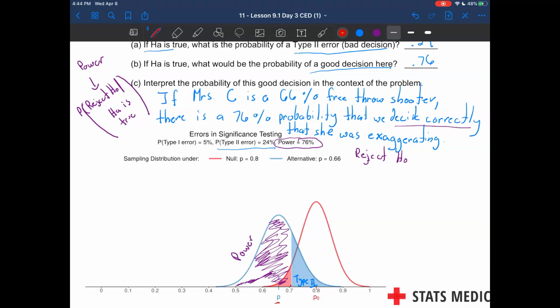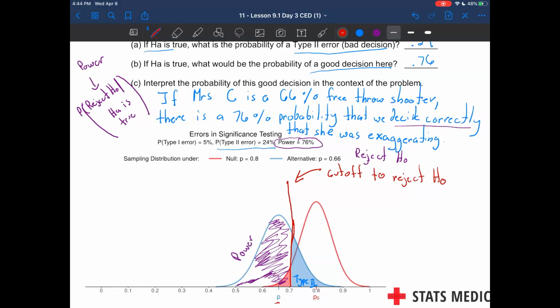And I'm going to draw in as best I can over this line, okay? And what this line is right here, this is the cutoff to reject our null hypothesis.